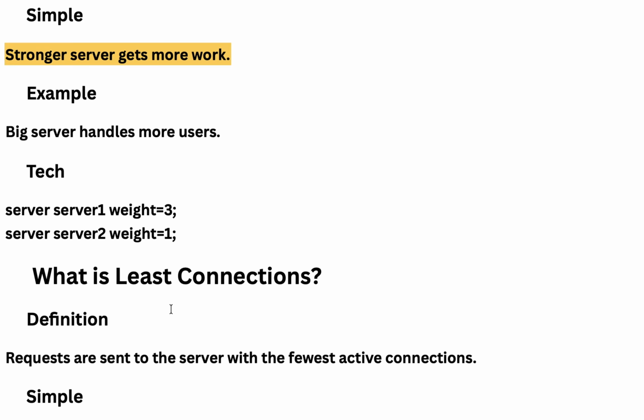What is least connection? Suppose one server has 3 capacity and another server has 5 capacity, but the 3 capacity server has one request processed and one connection continuing on that server, whereas the 5 capacity server has 0 connections. So it will redirect to the 5 capacity server, such that wherever the least connections are, it will redirect only to them.